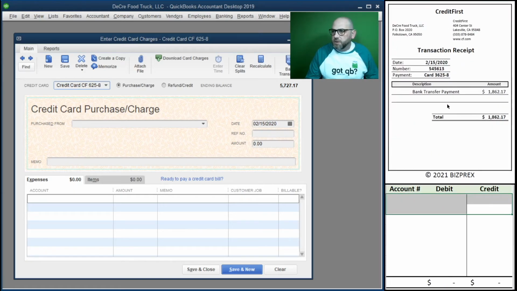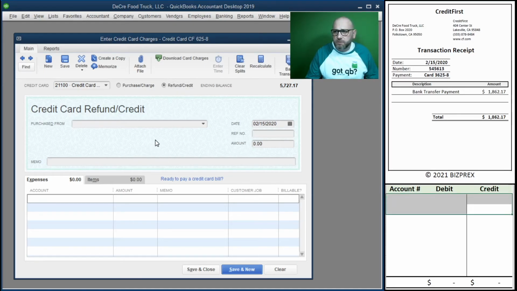Okay, we have a transaction receipt for bank payment, right? So this one is where we transfer money from our bank account to pay for the credit card, right? Because we can't max it out, at least we don't want to. So again, we're going to click this button, refund credits. All it does is basically reverse the behavior of some of these windows that we just talked about.